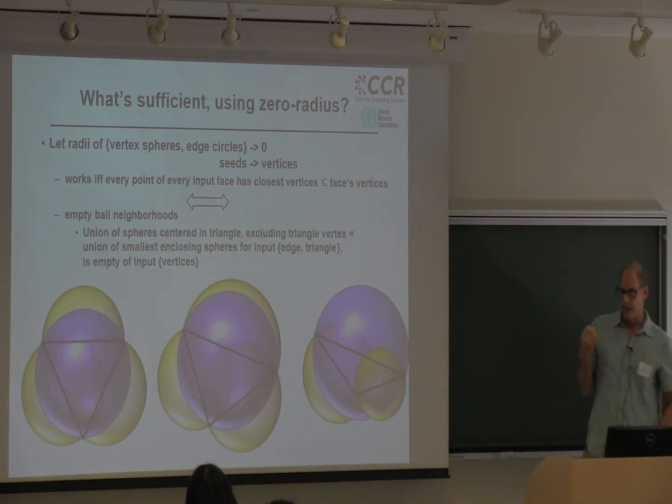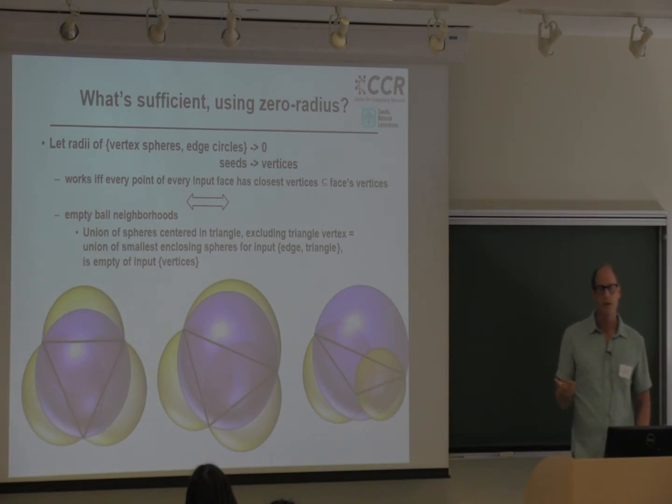So the key is to show that when you're generating the Voronoi faces for a triangle, the only seeds that matter are the ones that were around the vertices of the triangle. And so what that translates into is these empty ball neighborhoods. You need that there's no other input vertices inside these empty balls.